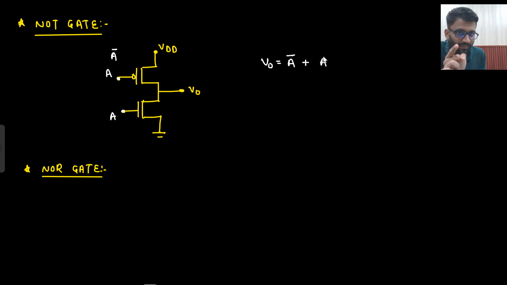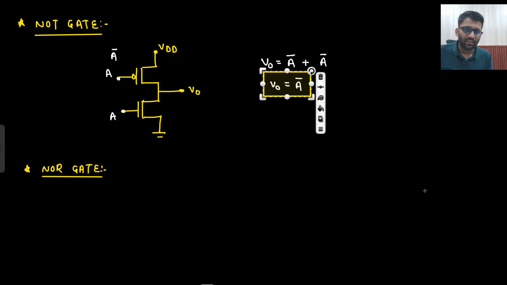So A bar will come, but it is connected to 1, so I am not going to put another bar. Since there is a bubble, I can call it A bar, but it is connected to VDD, so I am not going to put any bar. So A bar plus A bar is equal to A bar. Basically, whatever network you see downward, the same network you will see upward.